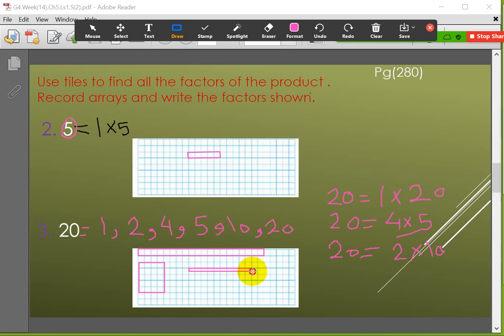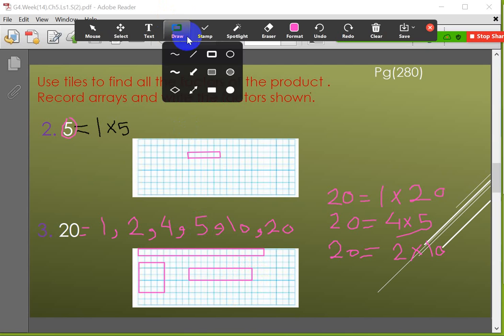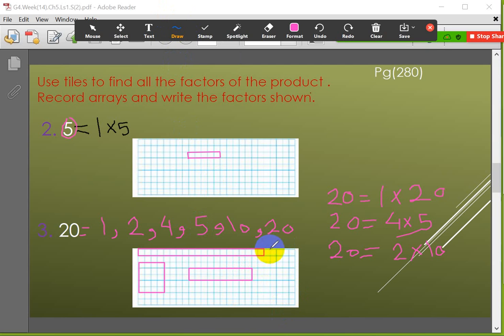This is 10 in the horizontal way and 2 in the vertical way. This is the model. So this represents 1 multiplied by 20, this one is 4 multiplied by 5, and this one is 2 multiplied by 10.